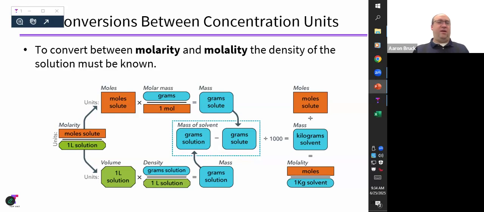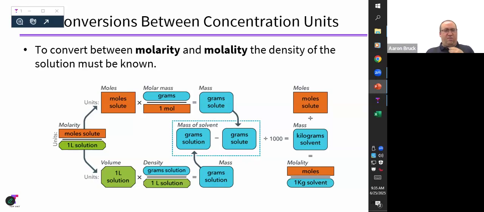For one, because they share a common denominator, molarity and molality can be interconverted between each other if we know the density of the solution. Now, this schematic tells us the pictorial way of looking at it.